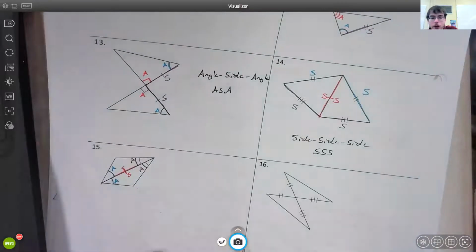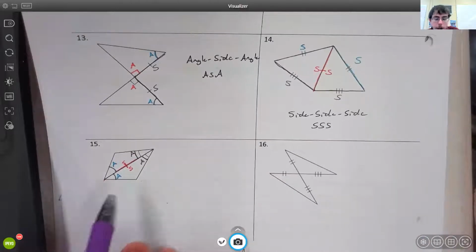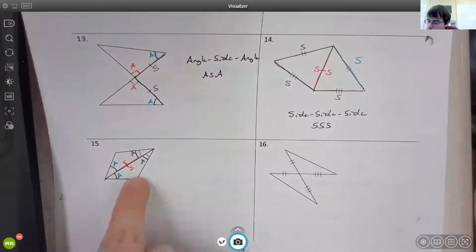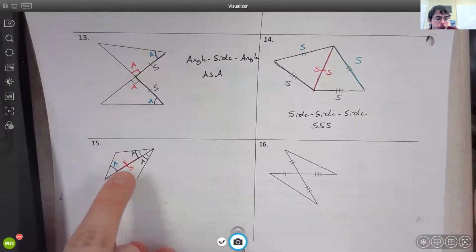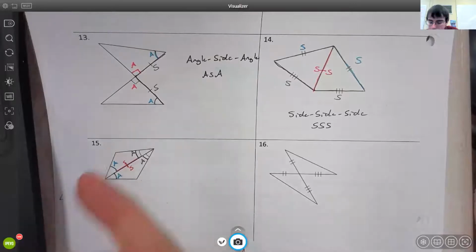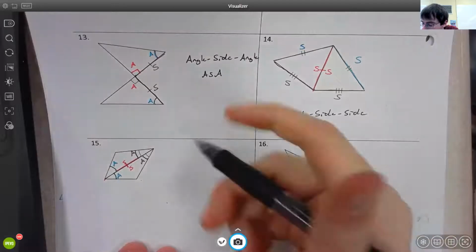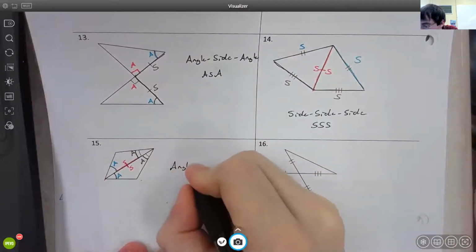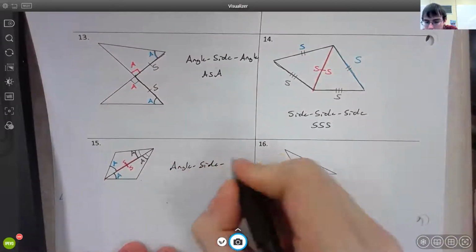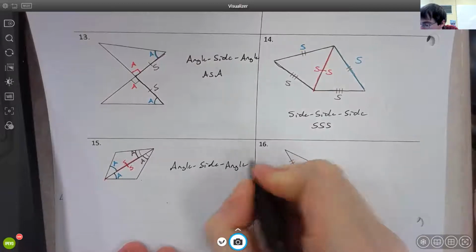So we have two congruent pairs of angles, one congruent pair of sides. So we are looking to see where the sides are, if they're between or outside of the angles, and we see that they are between. So this would be angle, side, angle, or ASA.